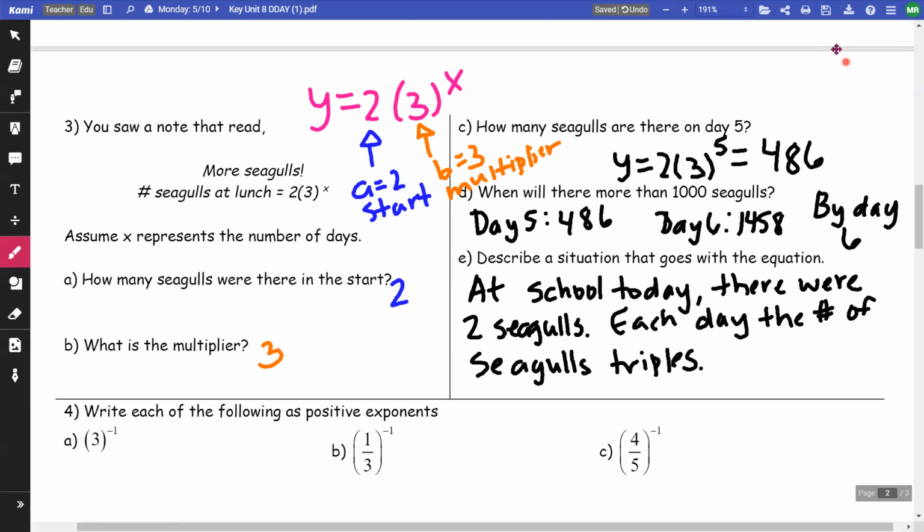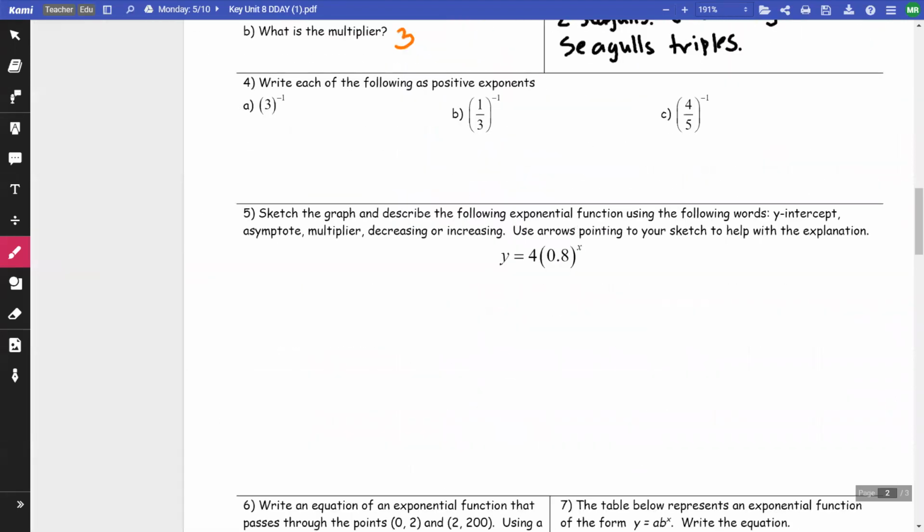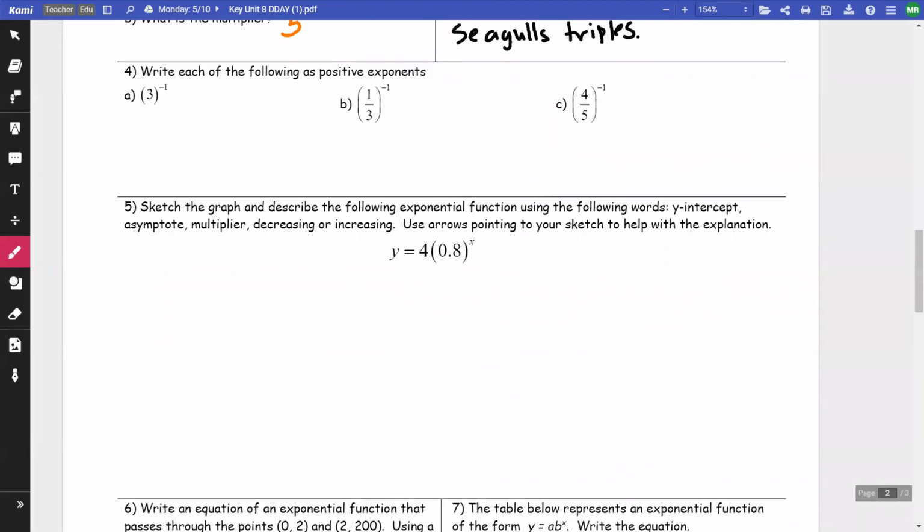On number 4, we are going to be rewriting these with positive exponents. So one thing to remember is if I have this 3 to the negative first power, remember it's really over 1. And if we have a negative exponent, we don't like that negative exponent. So what happens is we're going to move this so that my 3 is now on the bottom, 3 to the 1.